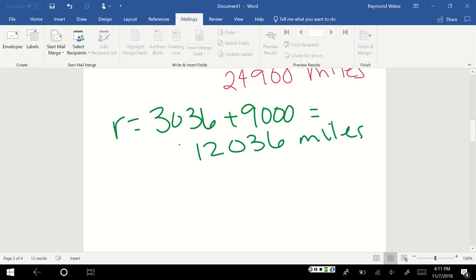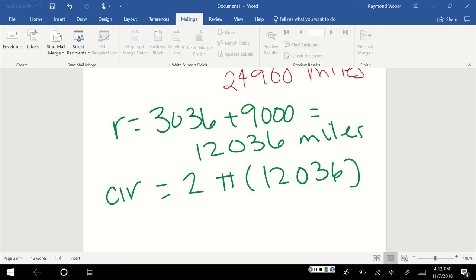And then to find the distance it travels on one orbit, I would again find the circumference. So 2 pi times 12,036. So 12,036 times 2 times pi is 75,624, depending on how you round. Mine was 0.4, so I'm leaving it there.